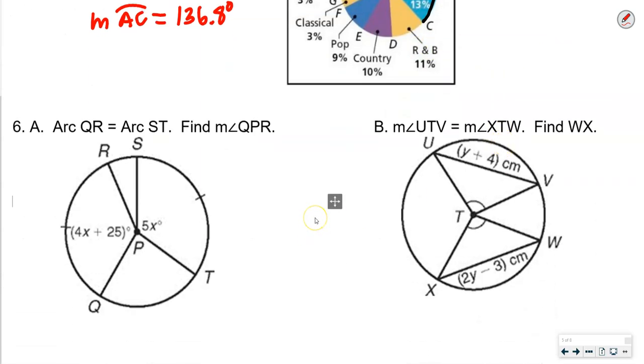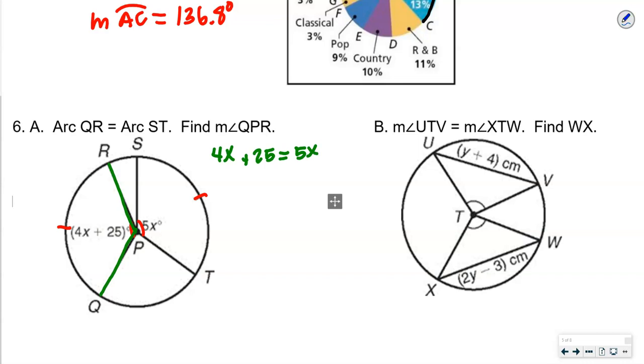All right, so this next one says arc QR is congruent with arc ST. So doesn't that mean our angles are congruent because those are central angles and arcs? Exactly. So what we're going to do is set these two equations equal to each other, and we're going to then find angle QPR. Okay? So let's go 4x plus 25 equals 5x.